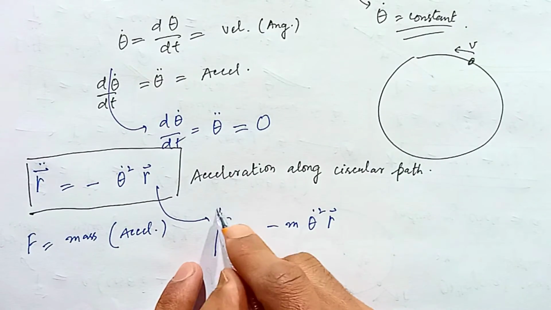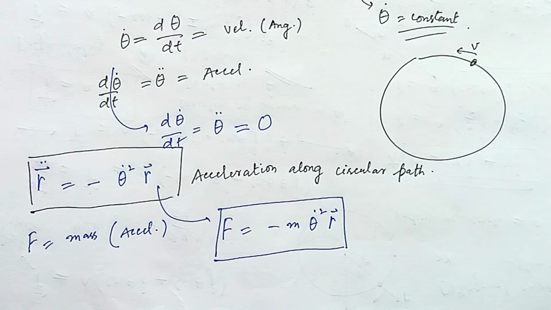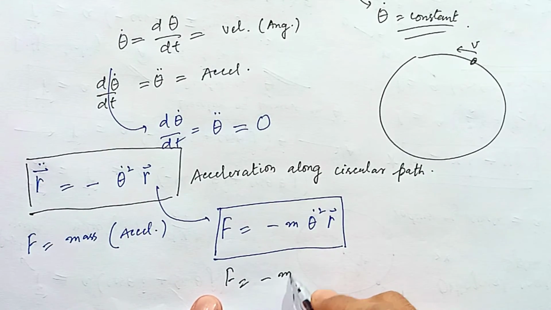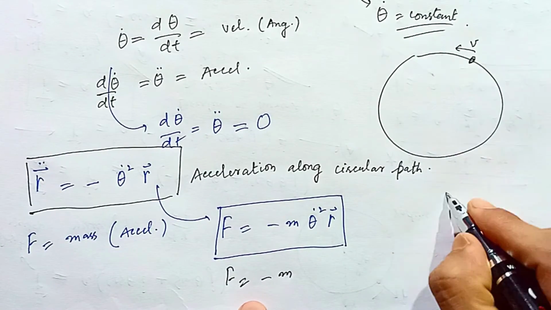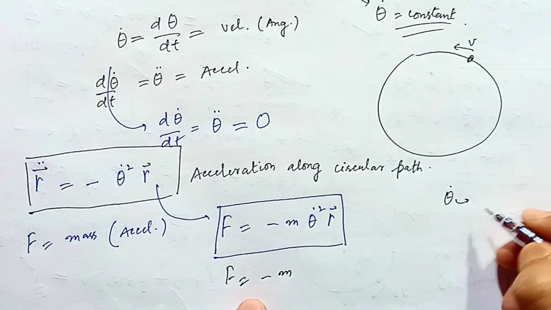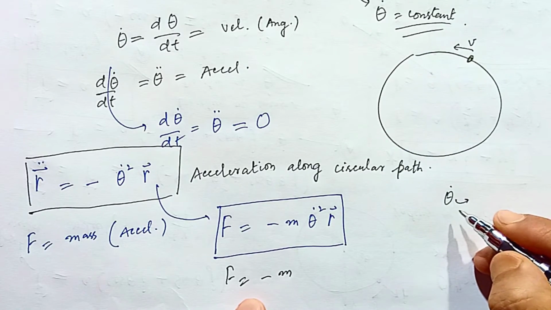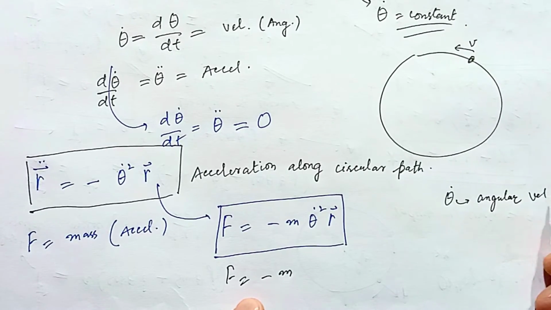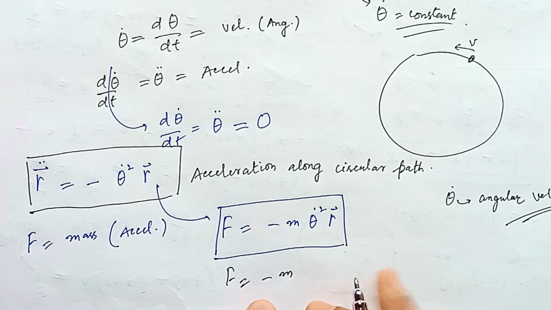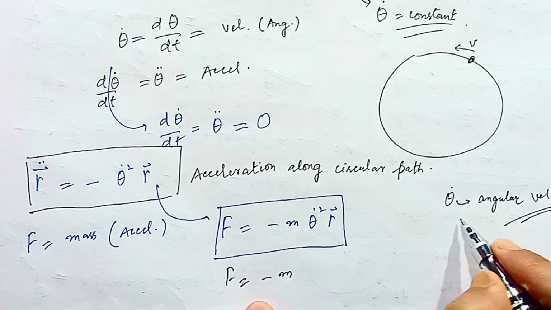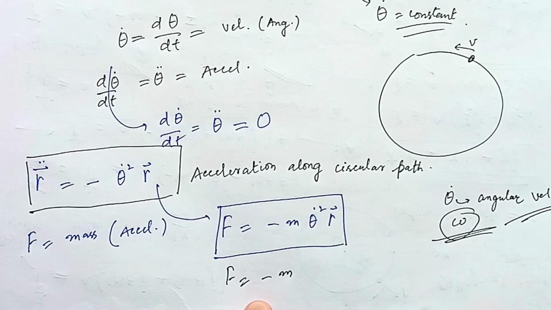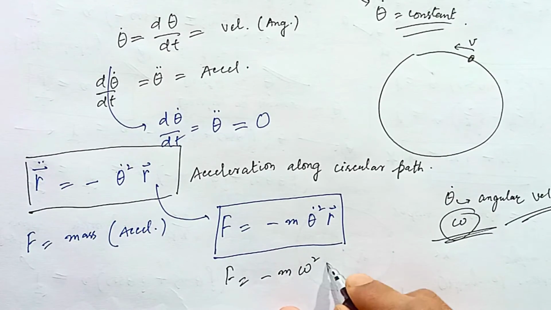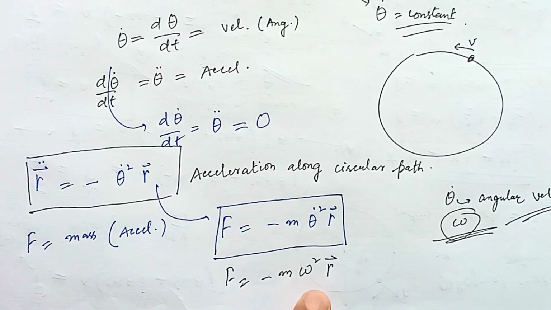It is also written as F equals minus m theta dot square r, where theta dot is the change in the angle with respect to time, that is the angular velocity. Angular velocity we also represent as omega, so that's minus m omega square r vector.